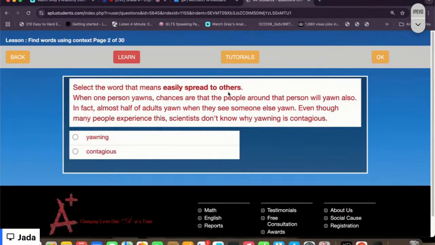So easily spread to others. When one person yawns, chances are that the people around that person will yawn also. In fact, almost half of adults yawn when they see someone else yawn. Even though many people experience this, scientists don't know why yawning is contagious. So easily spread to others. Is it yawning or contagious? What's the meaning of that here?